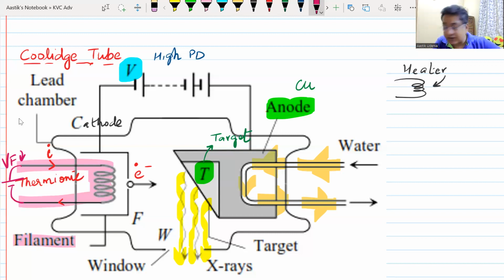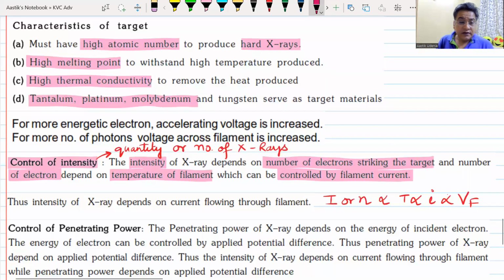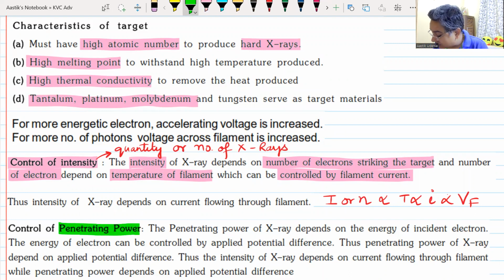The second thing that we are concerned about is the penetrating power of the X-rays. Now, instead of calling it the penetrating power, we can also refer to it as the quality of X-rays, or you can also refer to the energy of X-rays.